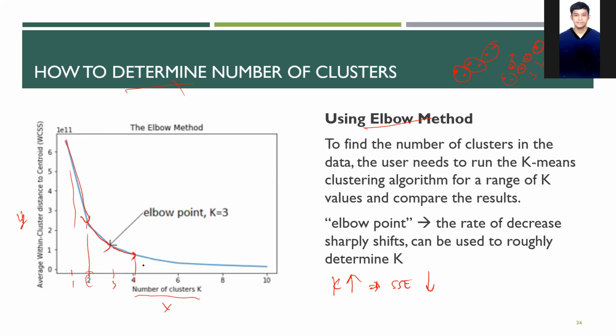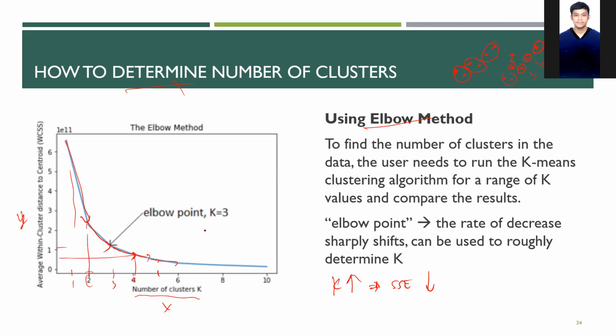It decreases, but with more clusters the differences are not significant. You can see that the line becomes more horizontal. It means that the difference in SSE when we add more clusters is not significant.